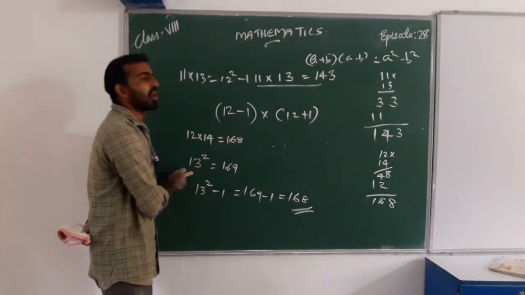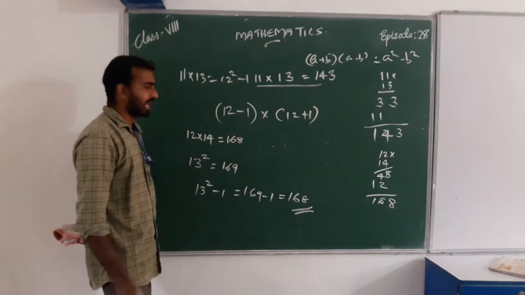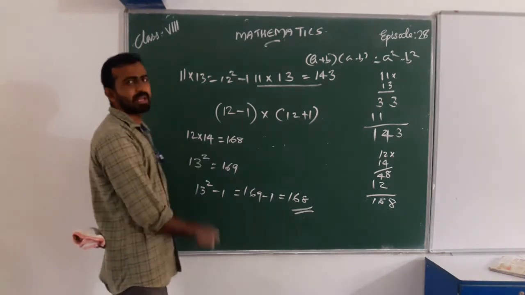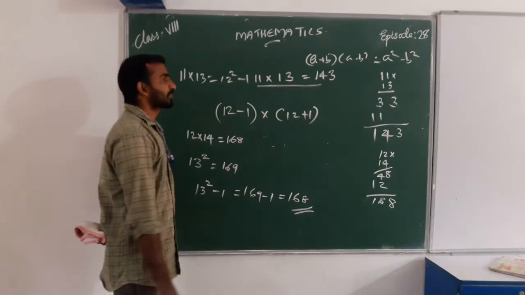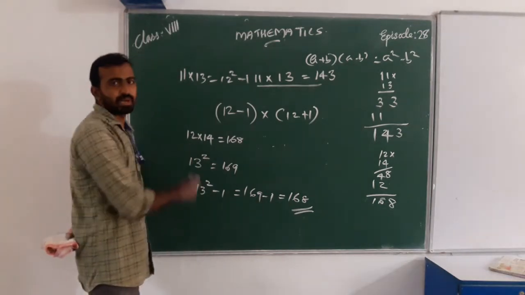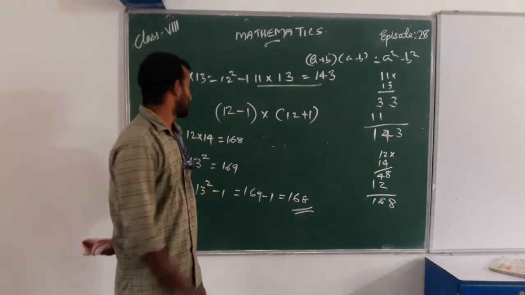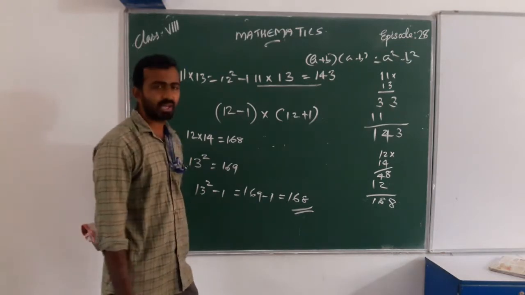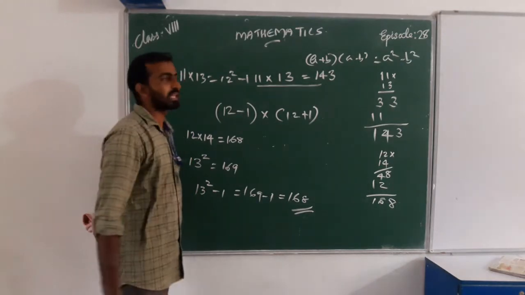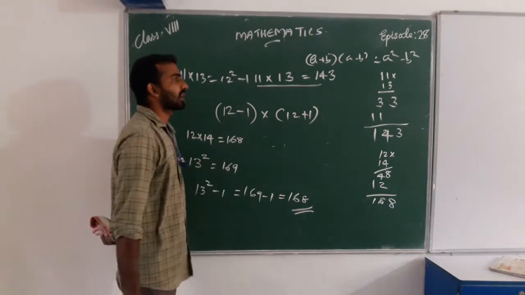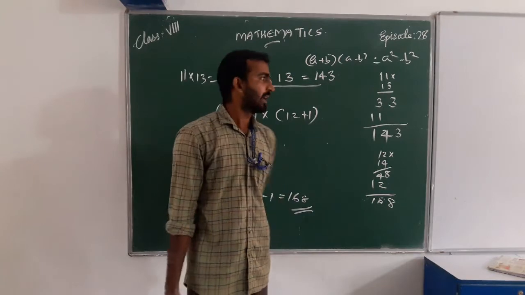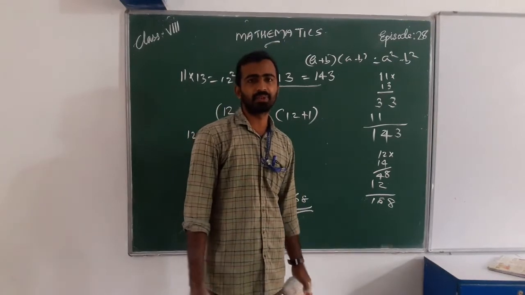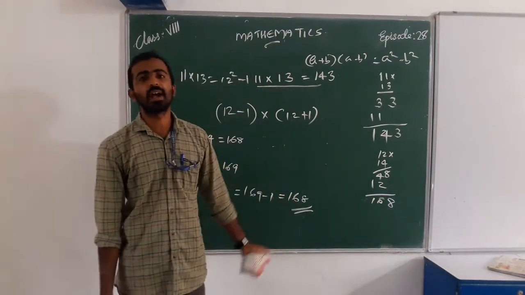When we take the square of 13, we get 169, and the product of 12 and 14, two consecutive even numbers, is 168. Taking the difference of 1, we get 168. That is the answer.